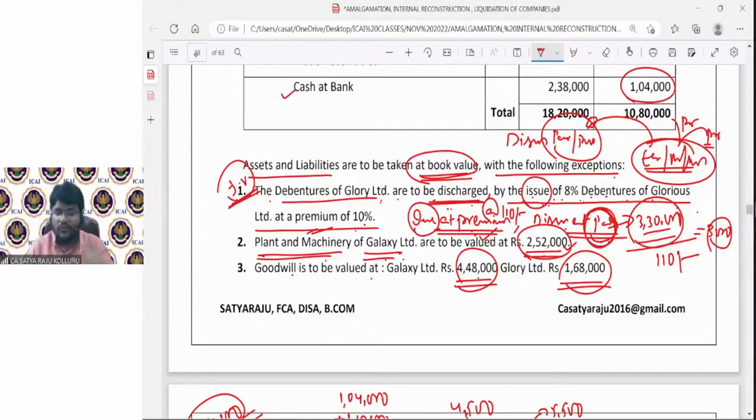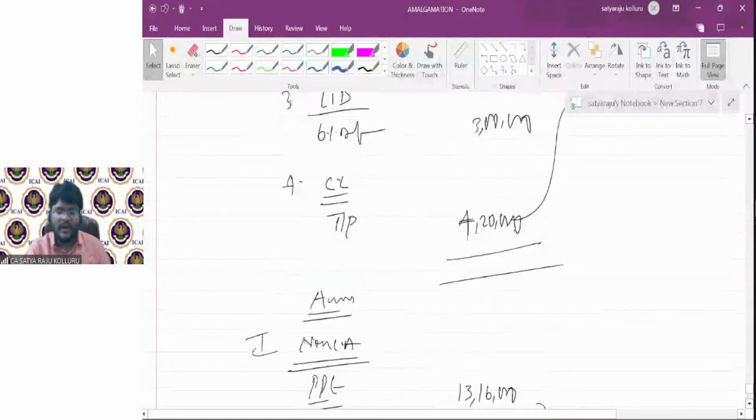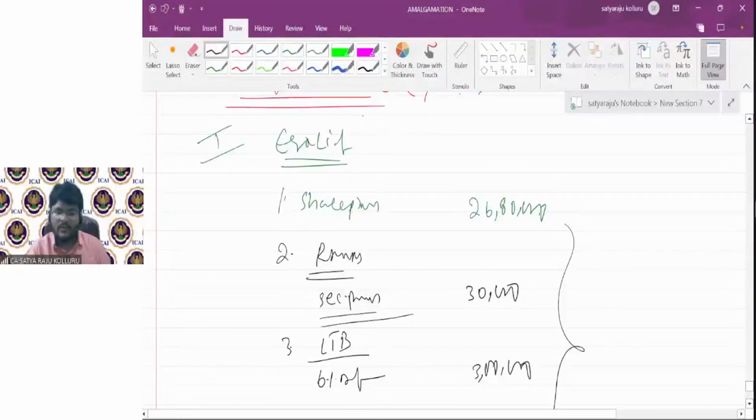You need to cancel the debentures of Glory Limited: debentures of Glory Limited account debit 3,30,000. You are issuing Glorious Limited debentures, that is credit debentures account, 3,000 into 100, 3 lakhs. Credit securities premium 30,000. The same securities premium is shown in reserves and surplus.